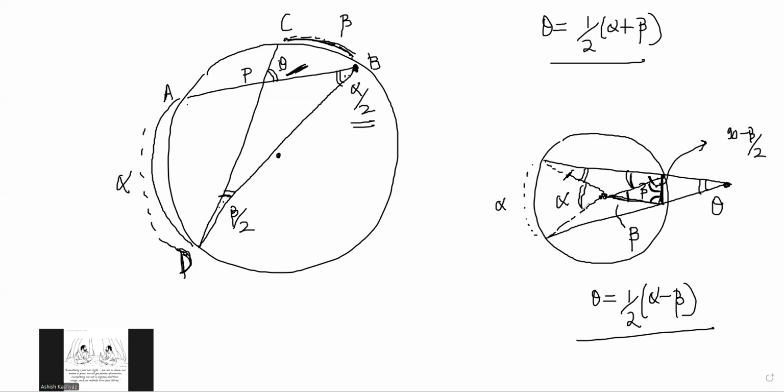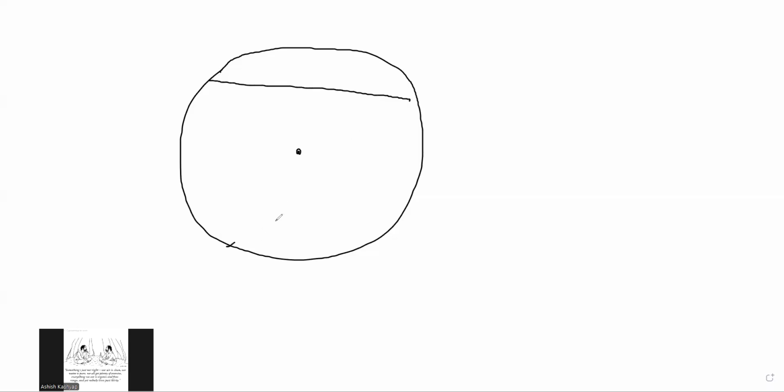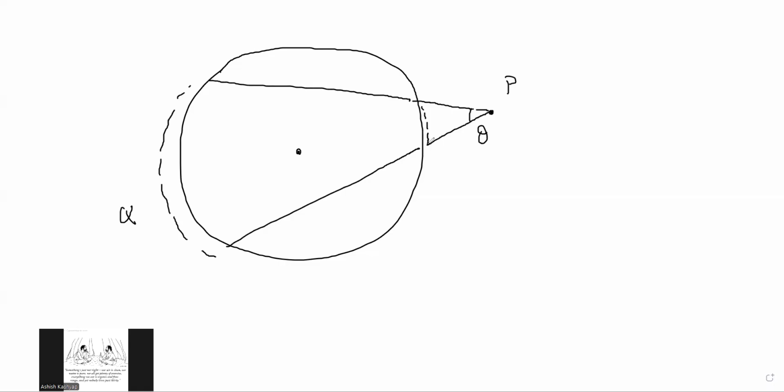If this is alpha, but they are not collinear, so I have to draw a bigger figure. Measure of this arc was alpha, measure of this arc is beta.